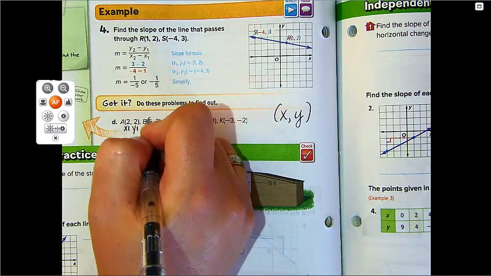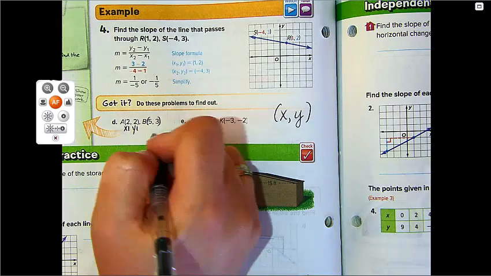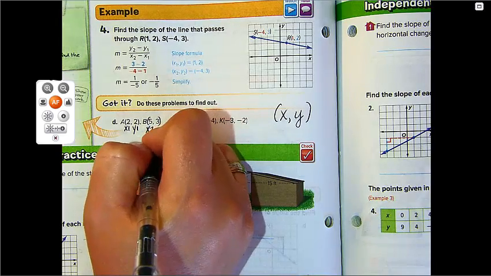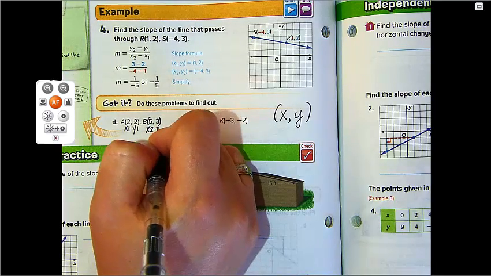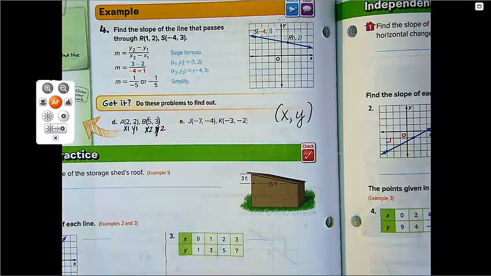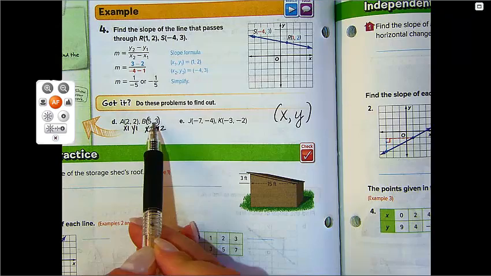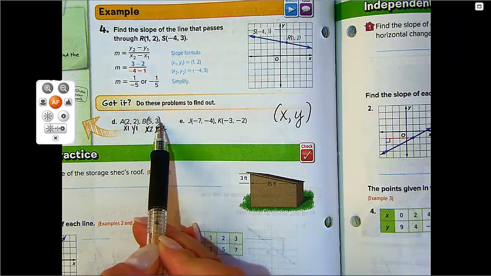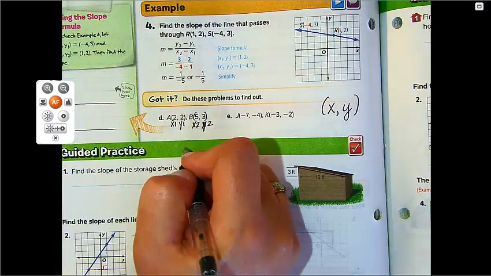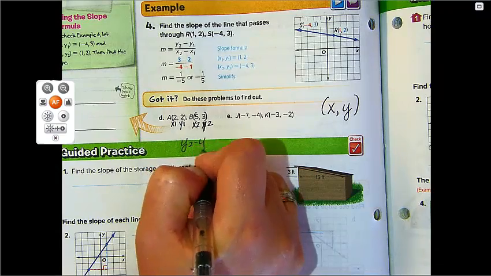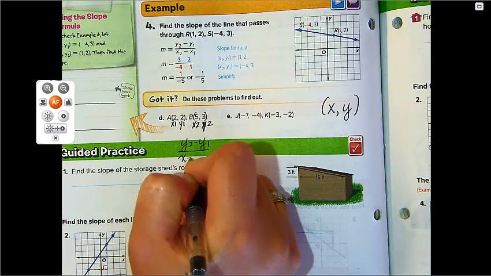And then I have a second coordinate, I have a second point. So here's my second x, here's my second y. So I have my first x, my first y, my second x, my second y. And now I use that equation where I did y2 minus y1 over x2 minus x1.